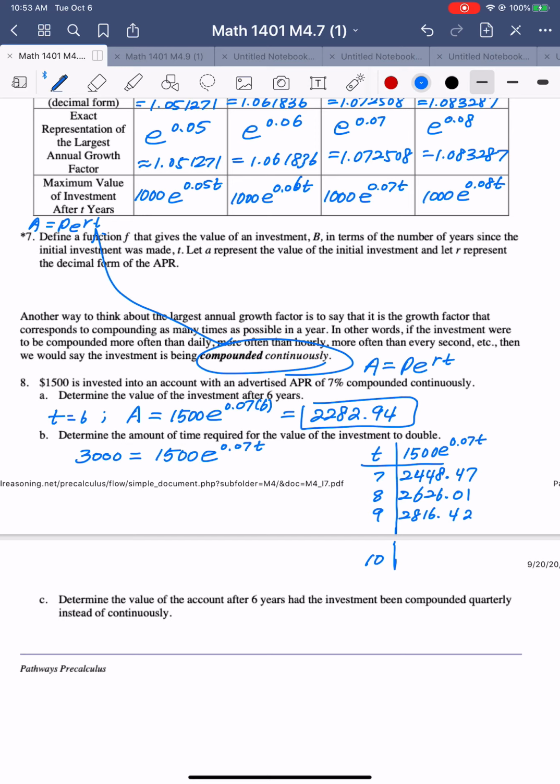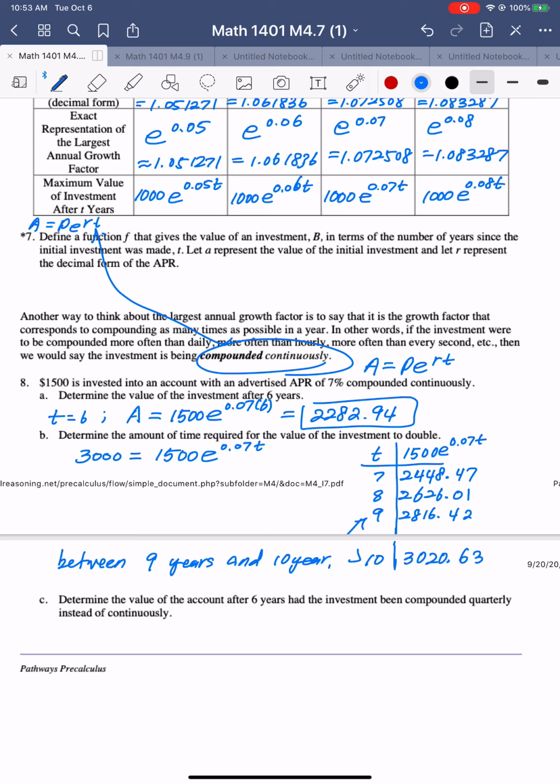1500 e to the 0.07 times 10, which is, oh, now more than 3,000, so less than 10 years, right? So the time is between 9 years and 10 years.